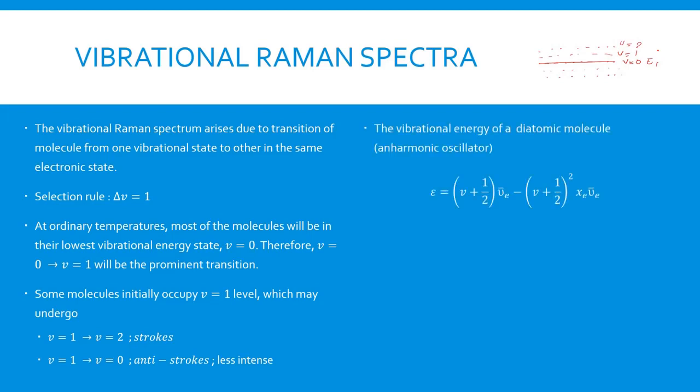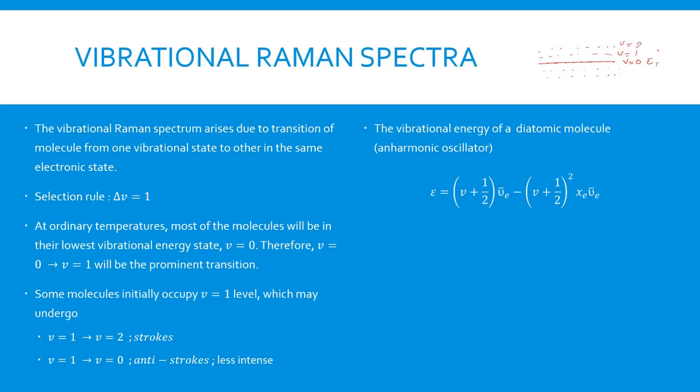The vibrational energy of a diatomic molecule can be found from the anharmonic oscillator, and you have already seen this while learning the vibrational energy levels. Similarly, we can consider a molecule as an anharmonic oscillator and find its vibrational energy levels.